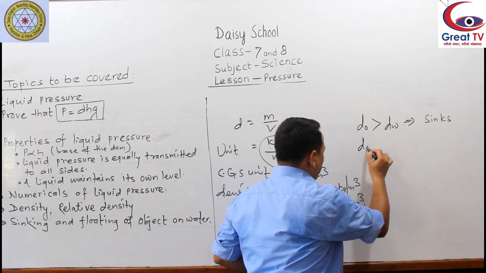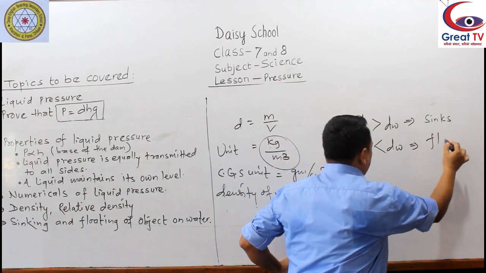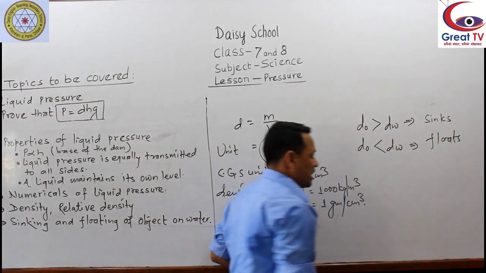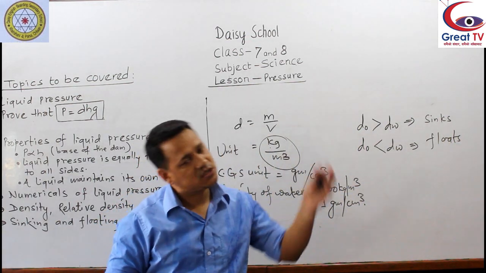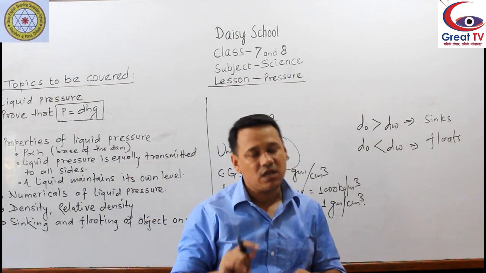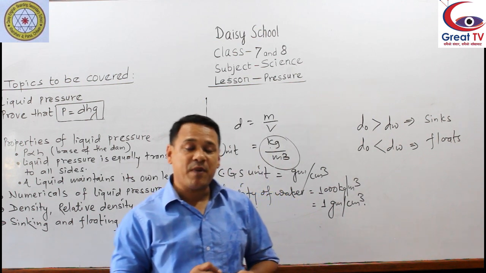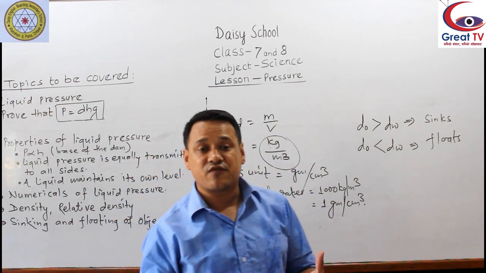And if the density of the object is less than the density of water, then at that time it floats. So compared to the density of water, we can find whether this object will float or sink.